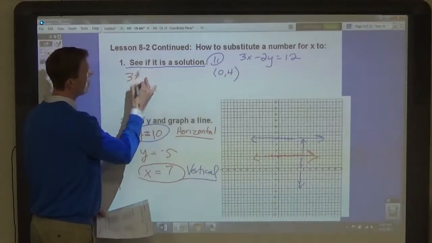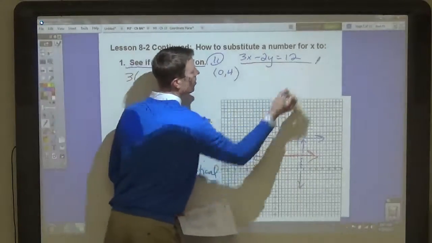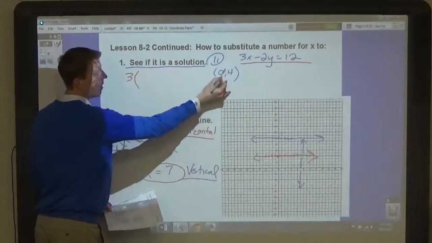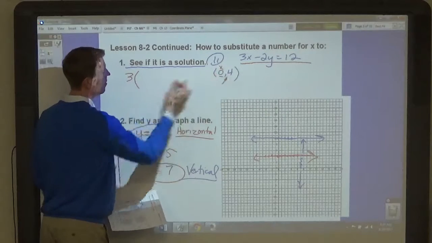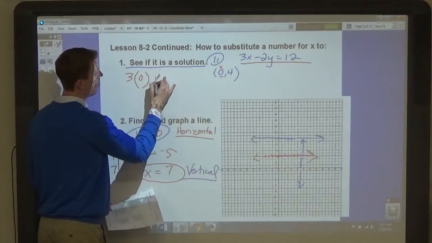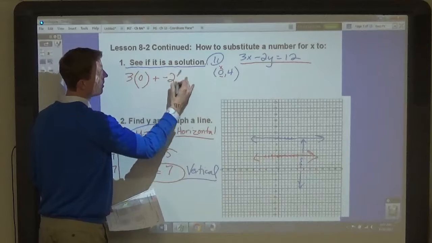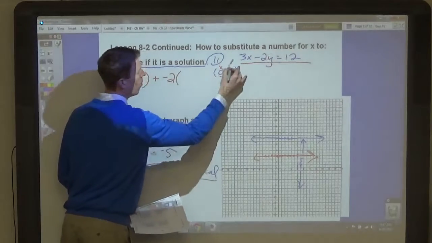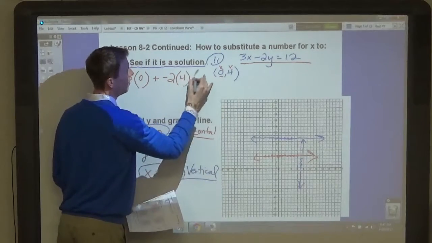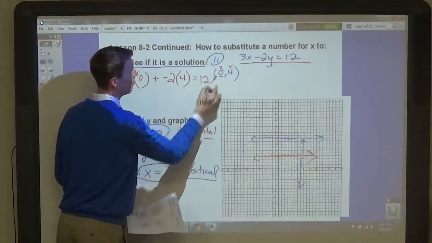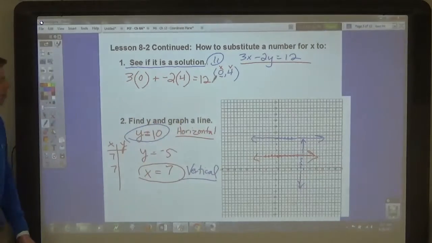So using this equation, 3 times 0 for x plus negative 2 times 4 for y. Does that equal 12? Nope.